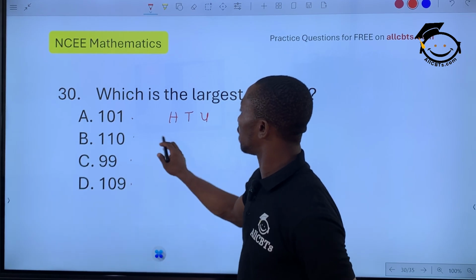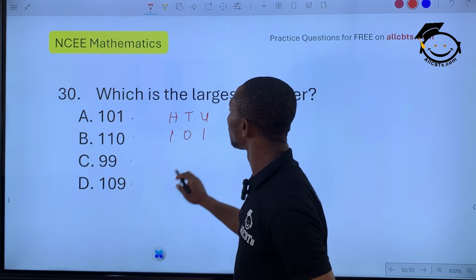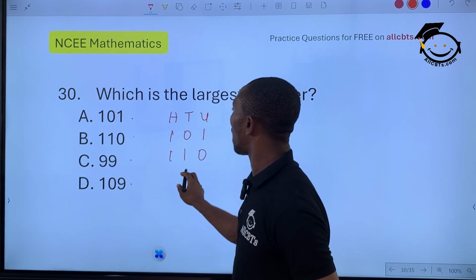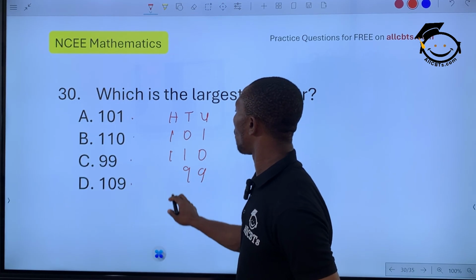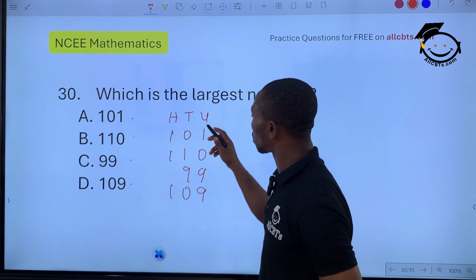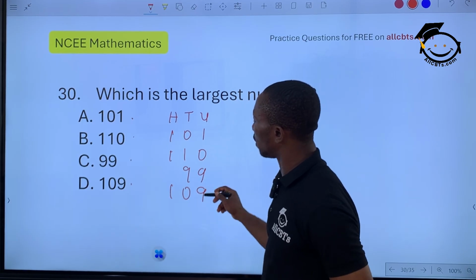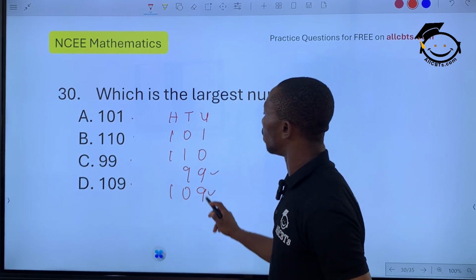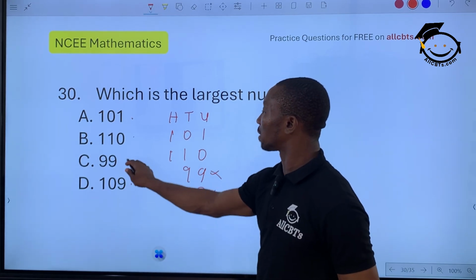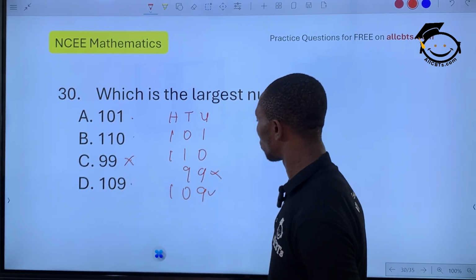First we have 101, next we have 110, then we have 99, and we have 109. Now, if you look at each of our units, this is greater, right? But this does not have 100, so this is out. So 99 is the smallest, is out.